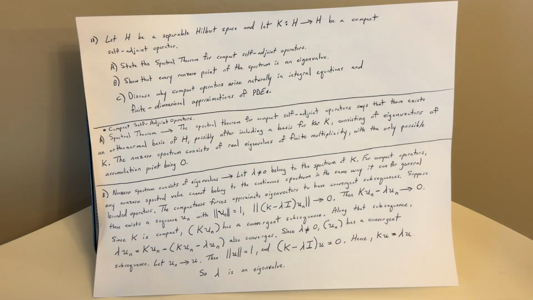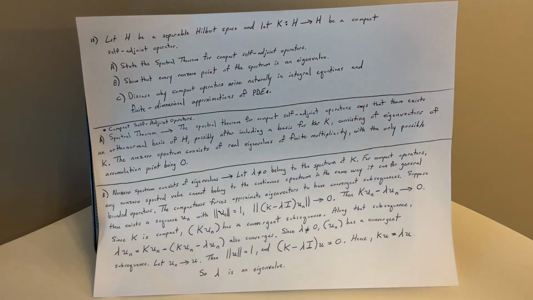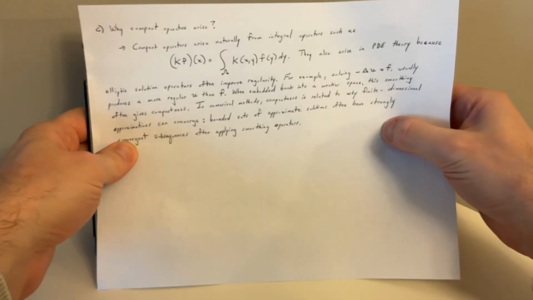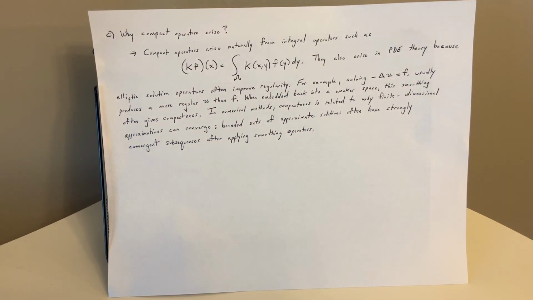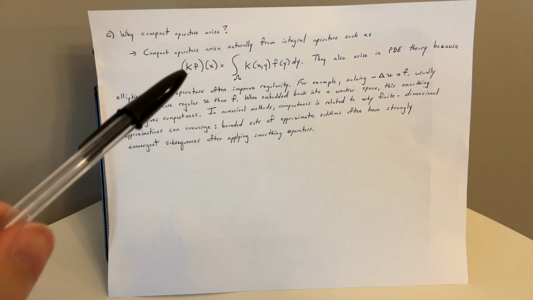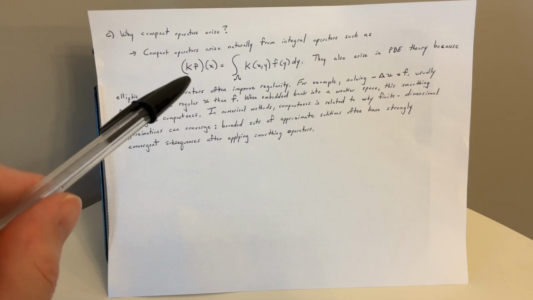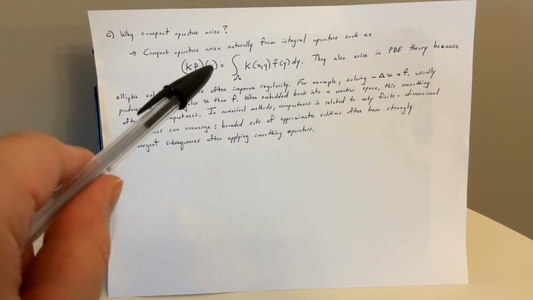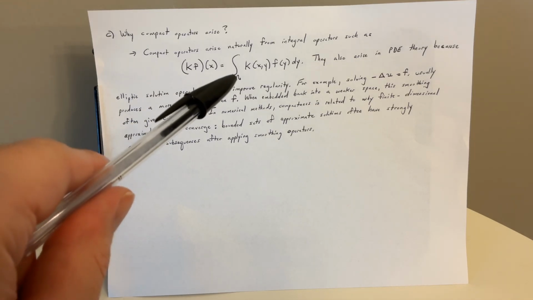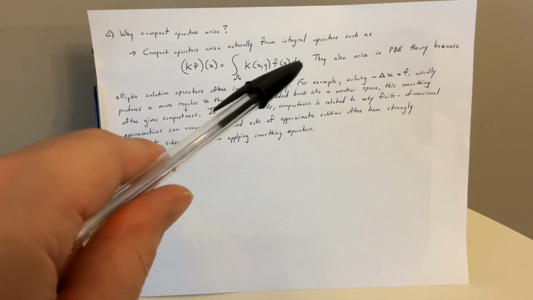And last, for letter C here, why compact operators arise. Compact operators arise naturally from integral operators such as this, Kf of x equals the integral over omega of K of x, y times f of y dy.